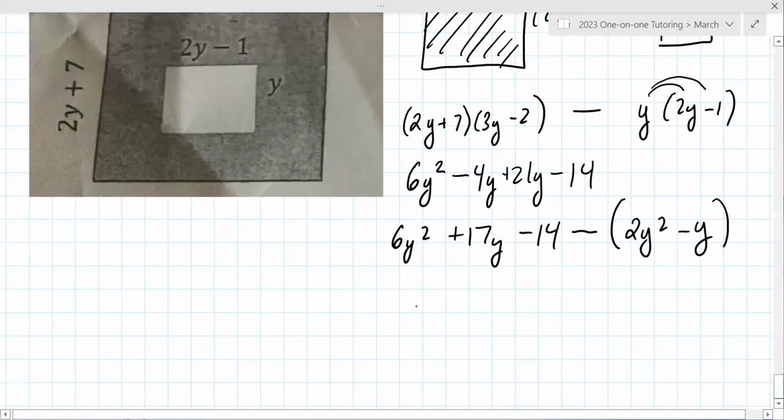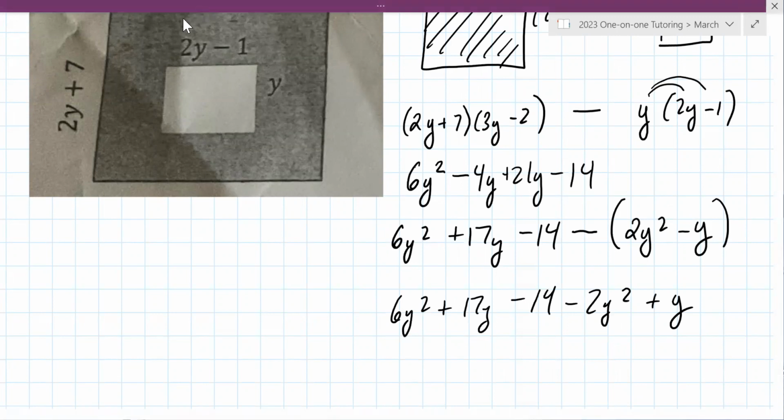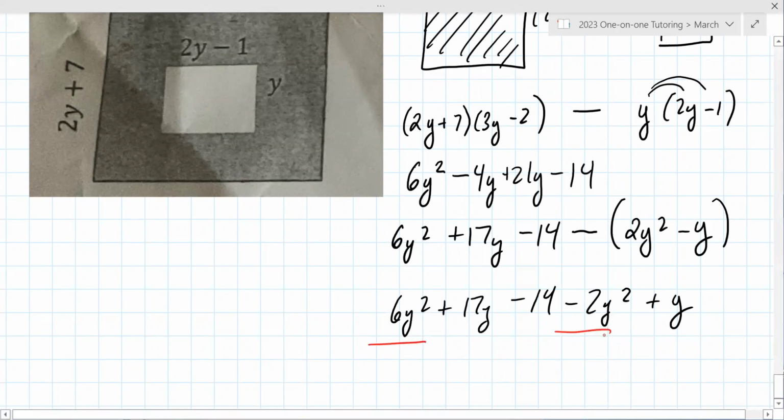So you distribute the negative: 6y squared plus 17y minus 14 minus 2y squared plus y. And then you combine like terms. So the y squared you'll combine, the y's you'll combine.